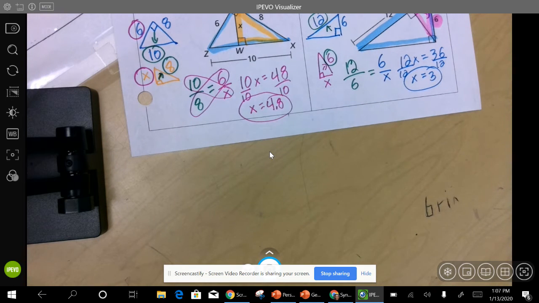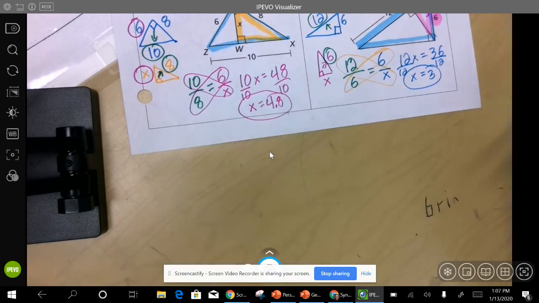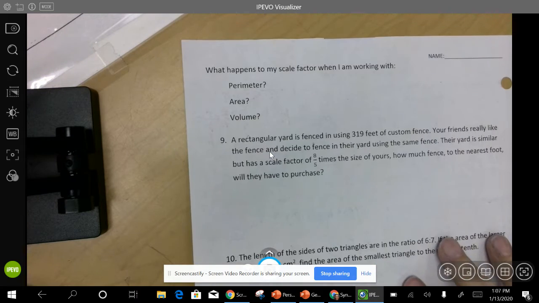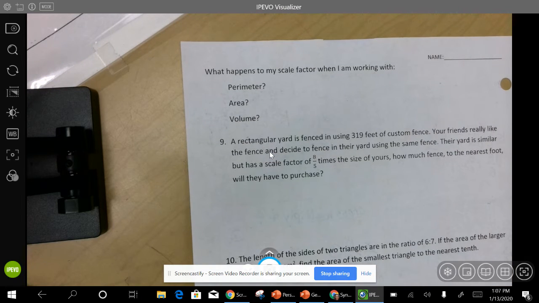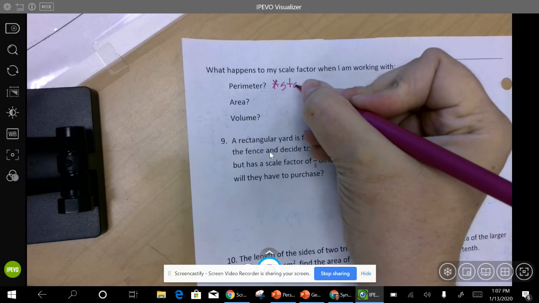So just remember in your steps with these, draw diagrams, draw these out. Okay, so everybody, perimeter stays the same. When we work with perimeter, it's going to stay the same. Remember we were working on this on Friday and Monday, stays the same.